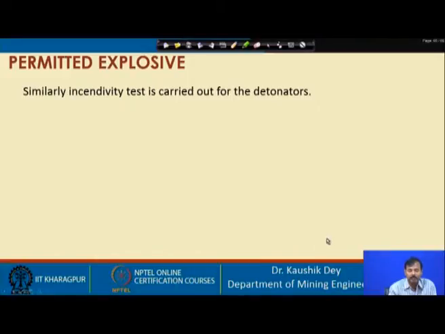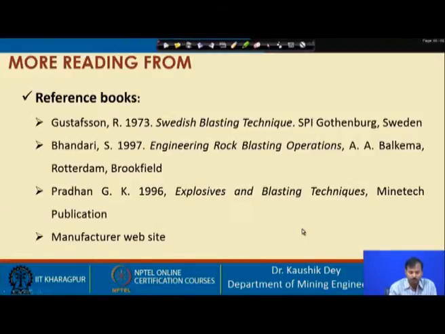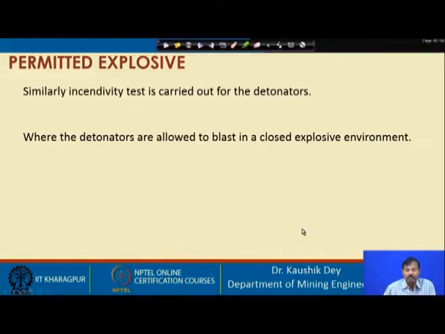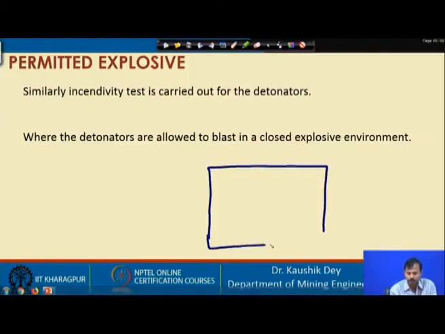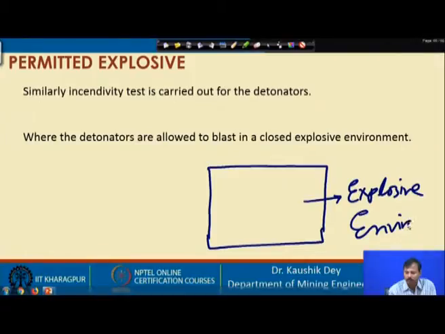Similarly, the incendivity test is carried out for the detonators, where the detonators are allowed to blast in a closed explosive environment. The explosive environment is created in a chamber, similarly, like coal dust or methane air mixture.